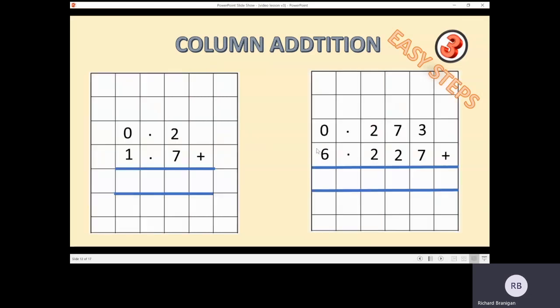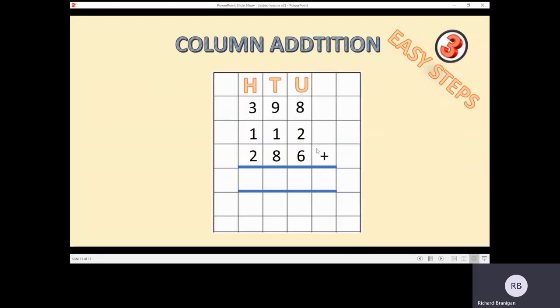You can use it to solve decimals, and you can even use it to solve problems involving more than 2 numbers, just by following the same 3 steps and making sure you stick to that process. So if you have a go at the harder questions, try to ignore how big the numbers are and just concentrate on following the 3 steps as shown earlier in the video.